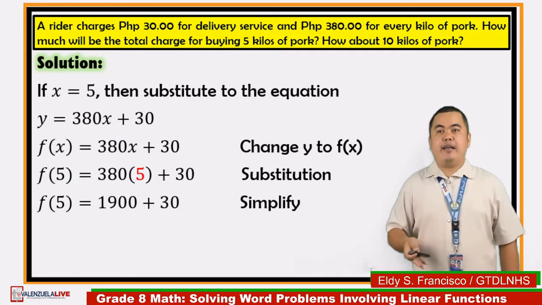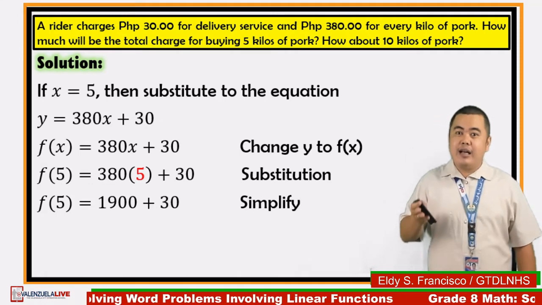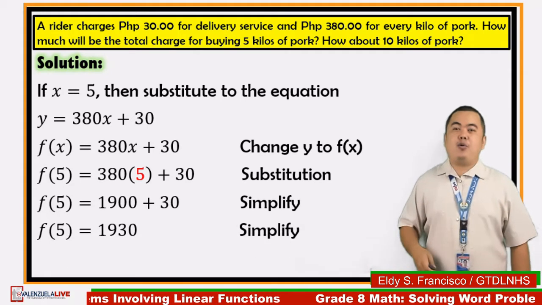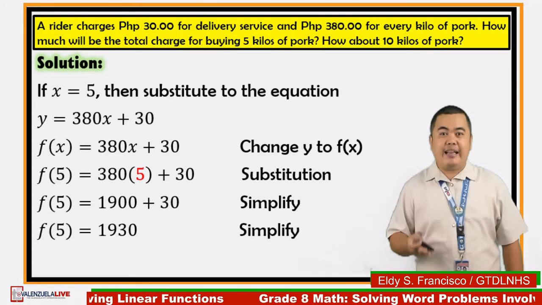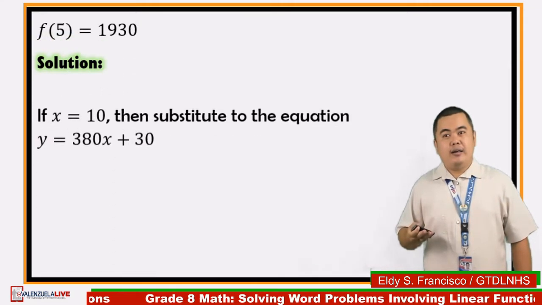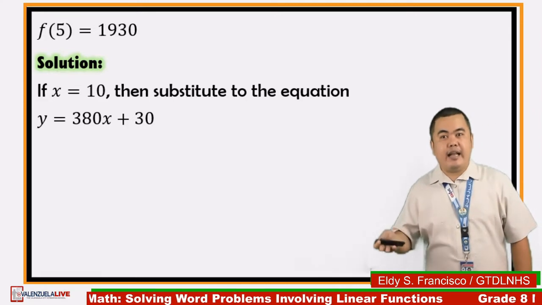Next, simplifying, f of 5 equals 1,900 plus 30. And we will have now f of 5 equals 1,930.